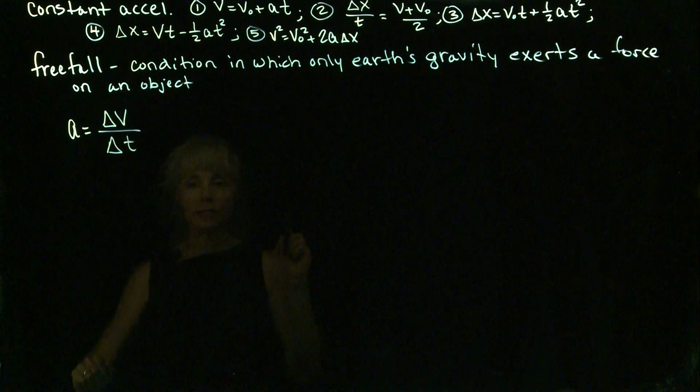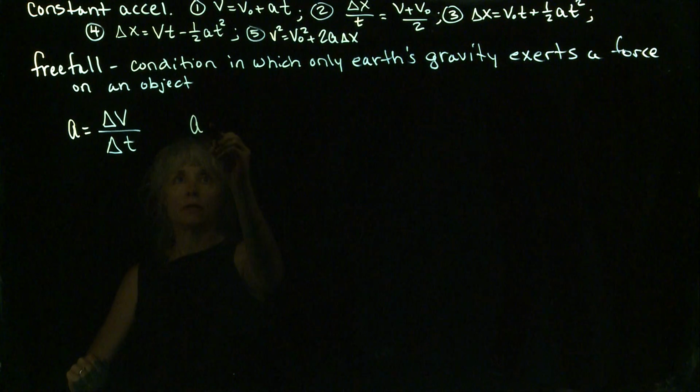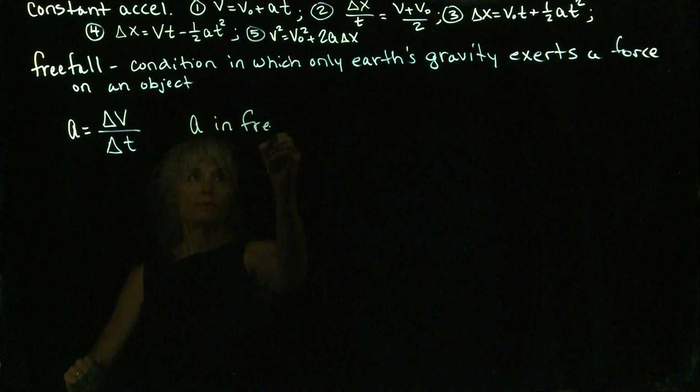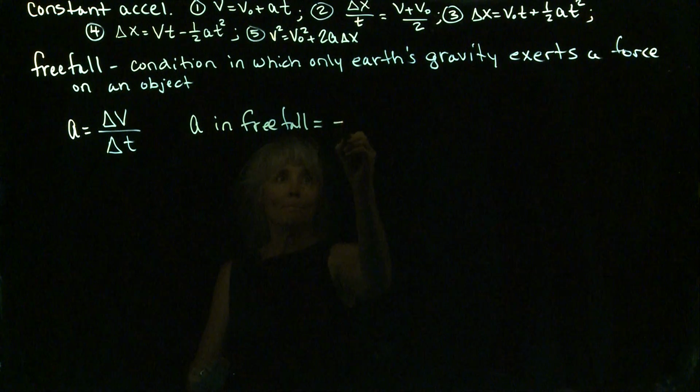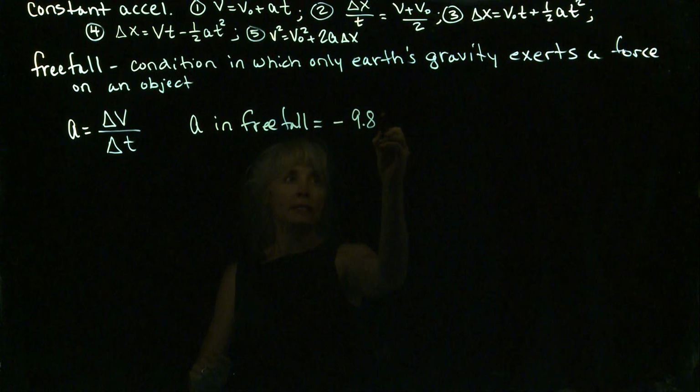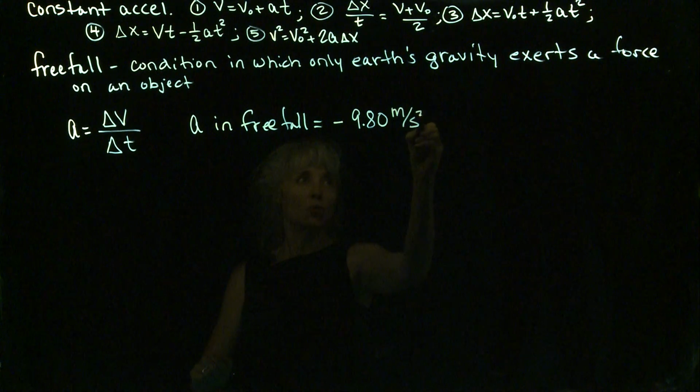And when an object is near the Earth's surface and it's in a state of free fall, then the acceleration for the object in free fall is going to be equal to minus 9.80 meters per second squared.